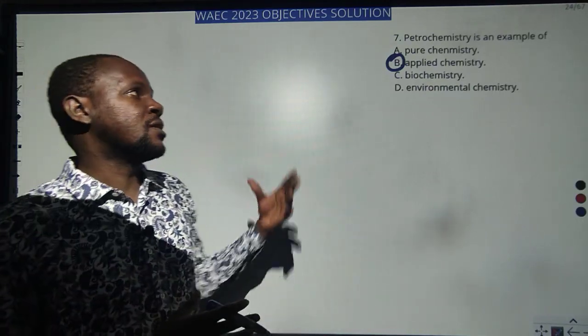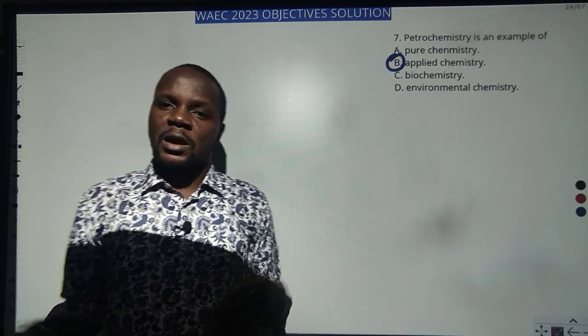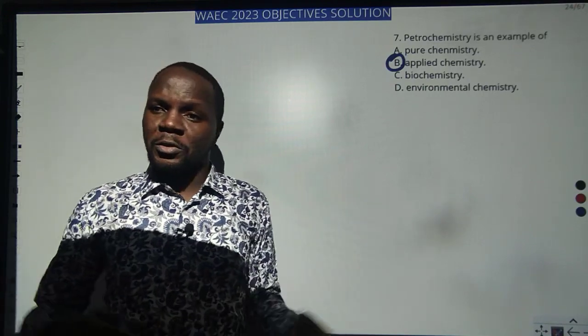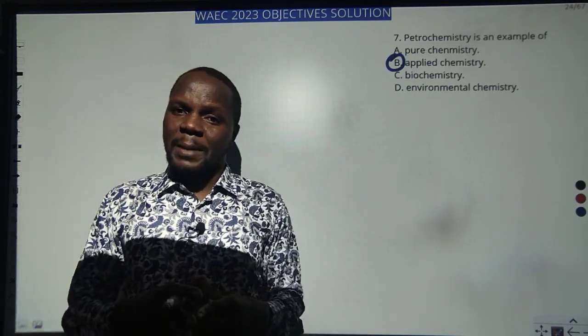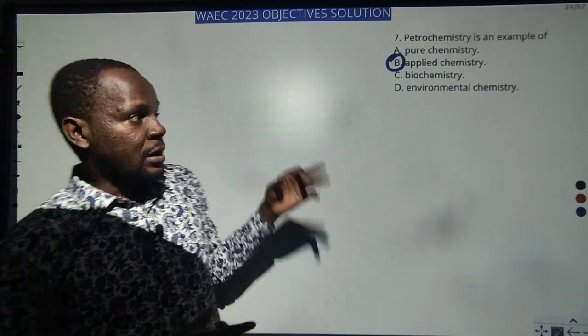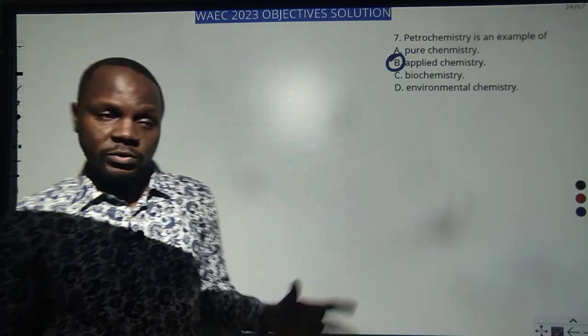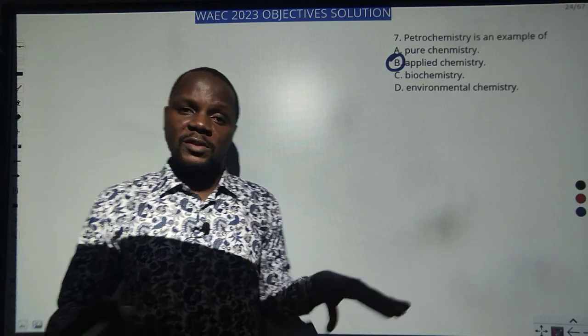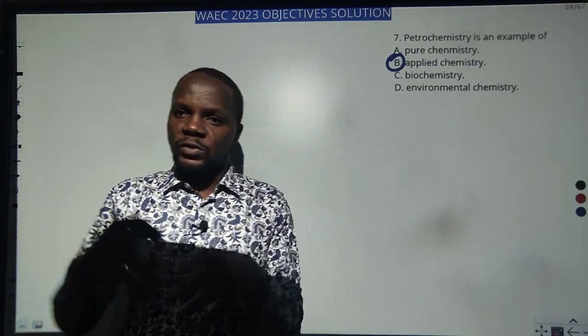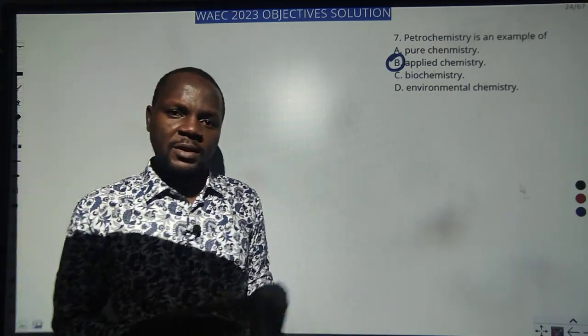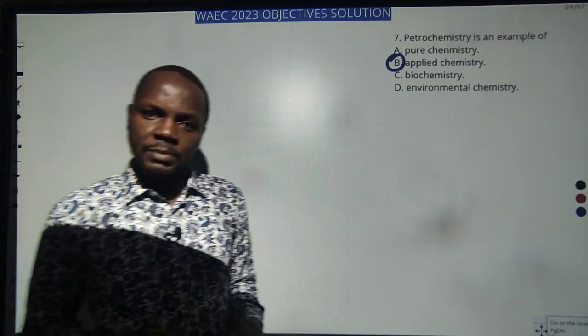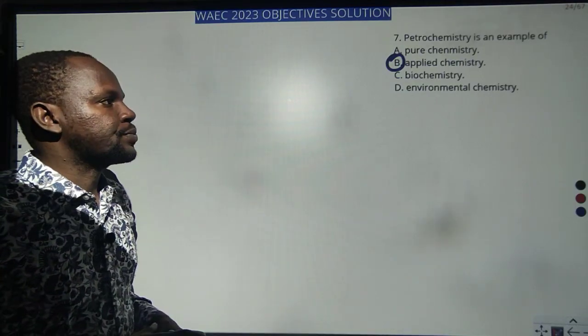That is the use of petrol to produce additives, petroleum, different types of things. We call them applied chemistry. Look at it, it's not biochemistry, biology and chemistry, not environmental chemistry. So chemical aspects used in different aspects of life are called applied chemistry. The next one, please.